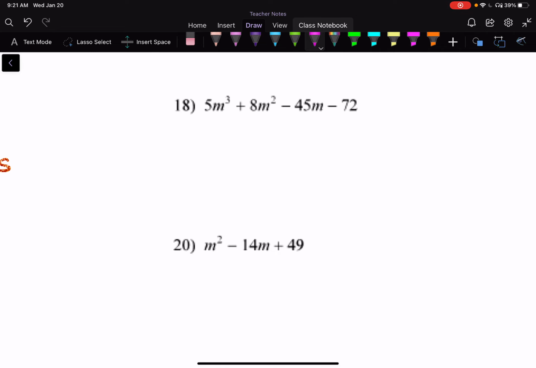Take a second and try number 18 on your own. Don't forget to always check for dots at the end. I'm going to start by rewriting with a plus in the middle of my 2 parentheses, and then factor out a GCF.